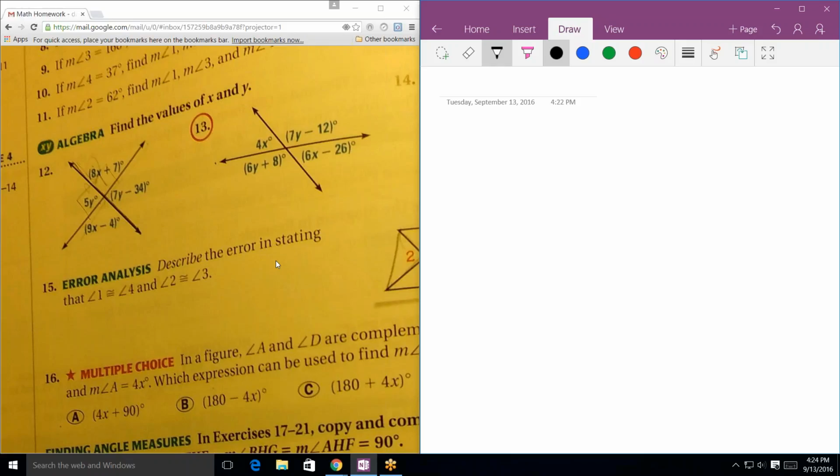The most important property of algebra that you can know is that you can do anything to one side of the equation as long as you do it to the other. So I'm a little annoyed that they force you to learn an addition postulate and a subtraction postulate, because the truth is that when I say anything, I mean anything.